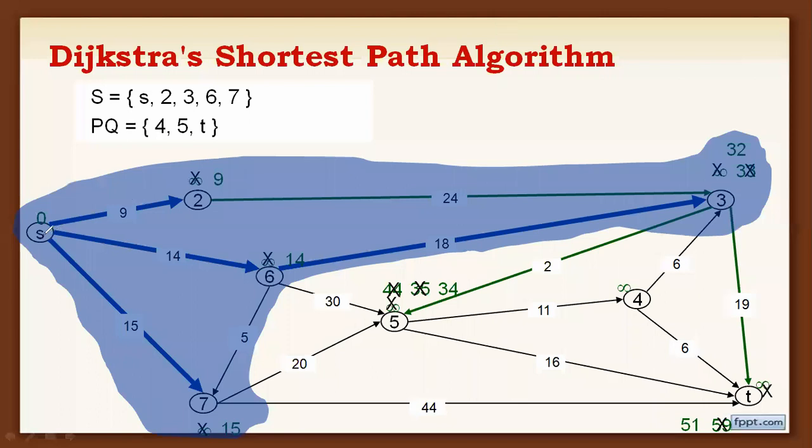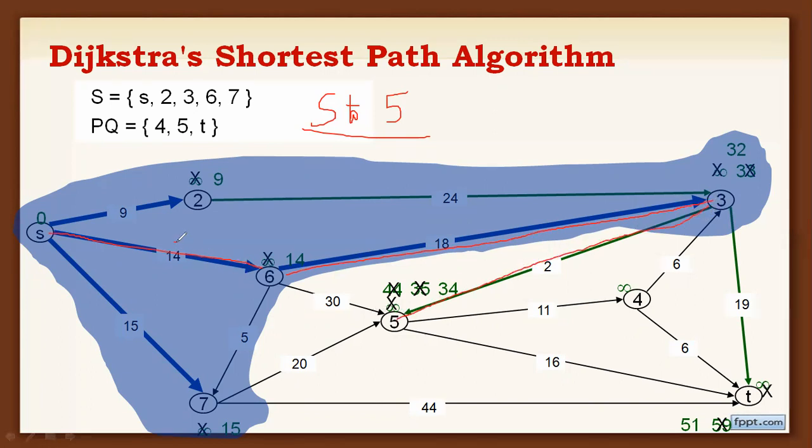So here, if you want to move from S to 5, we will see the minimum cost from S to 5. The possibility is S to 6 initially, 6 to 3 later, then 3 to 5.